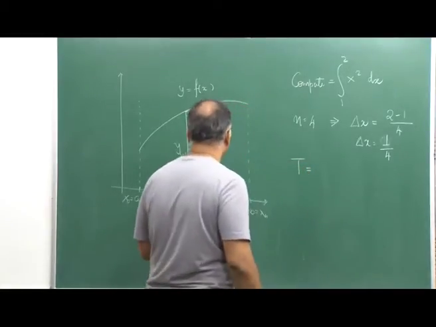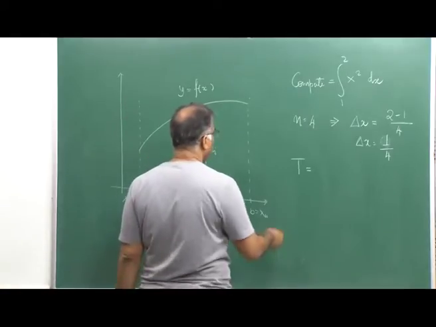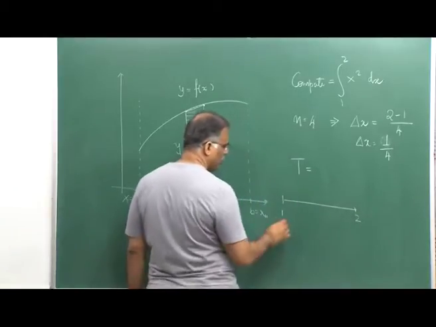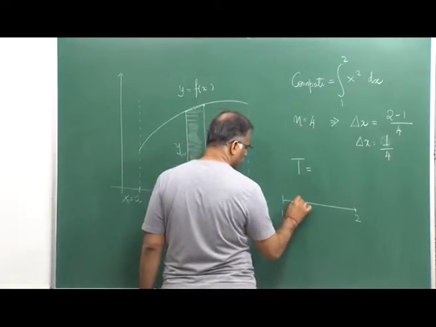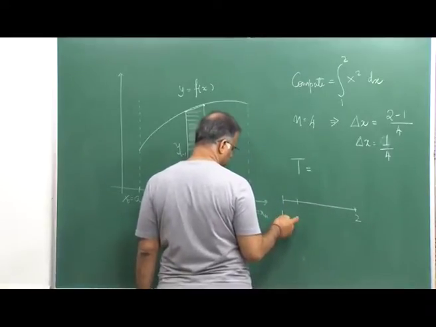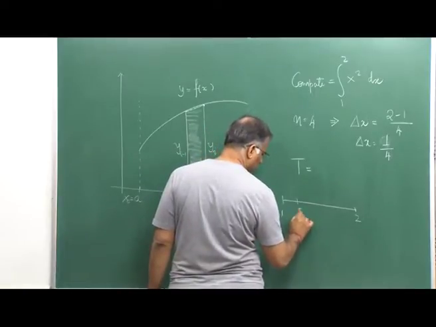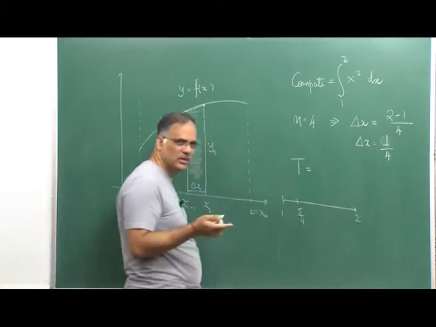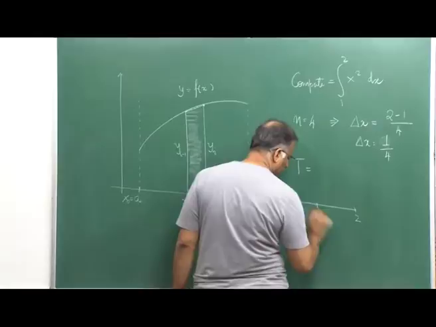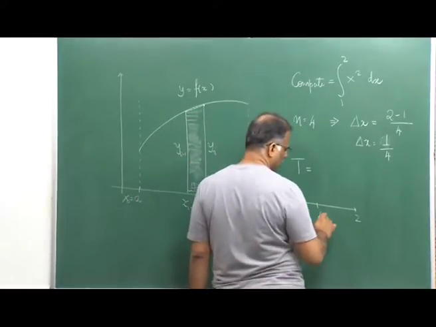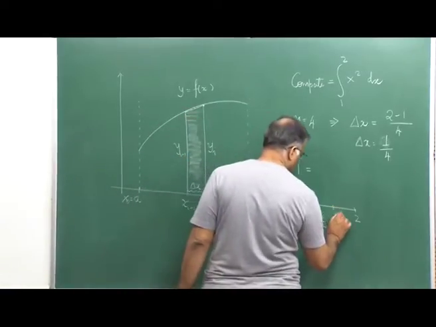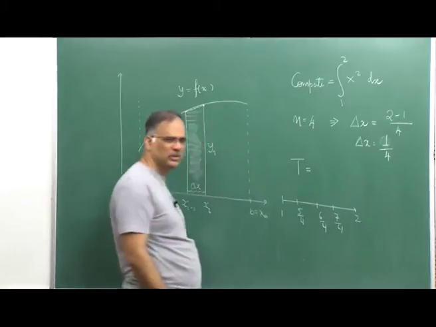So, what have I done? In this particular case, the interval 1 to 2 is partitioned by points: 1, 1 plus 1/4, that is 5 by 4, 5 by 4 plus 1/4, that is 6 by 4, and 6 by 4 plus 1/4, that is 7 by 4, and 7 by 4 plus 1/4.